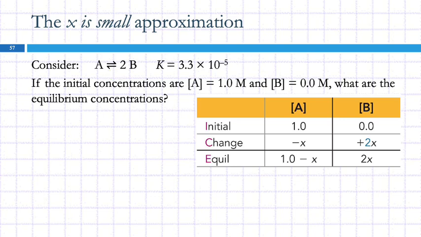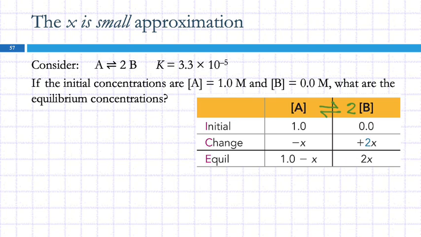This is partly why I like to use the chemical equation as the header, because then you've got that coefficient right there, you can't miss it. So this 2 is why we have a 2 here. So then we add the initial and change rows to get the equilibrium row. So 1 plus negative x is 1 minus x. 0 plus 2x is 2x.